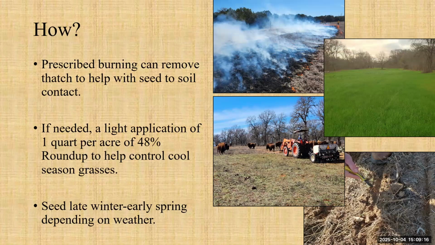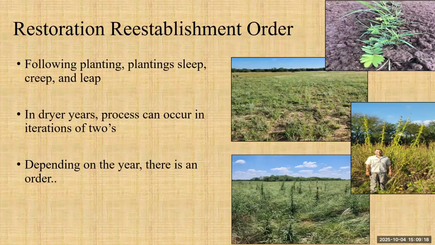When you're talking about native prairie restoration, a lot of times people will say the first year they sleep, the second year they creep, the third year they leap. In drier areas, that process can occur in iterations of two, but around here, it's that three-year process.